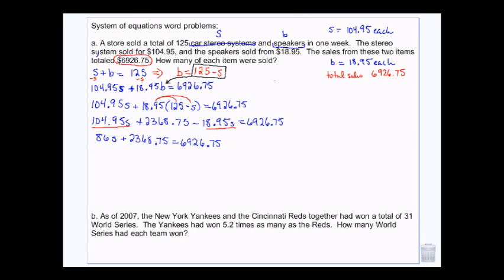All right, so now I need to subtract. And I didn't do this in my head. I just want you to know I've already written it down. Divide by 86.